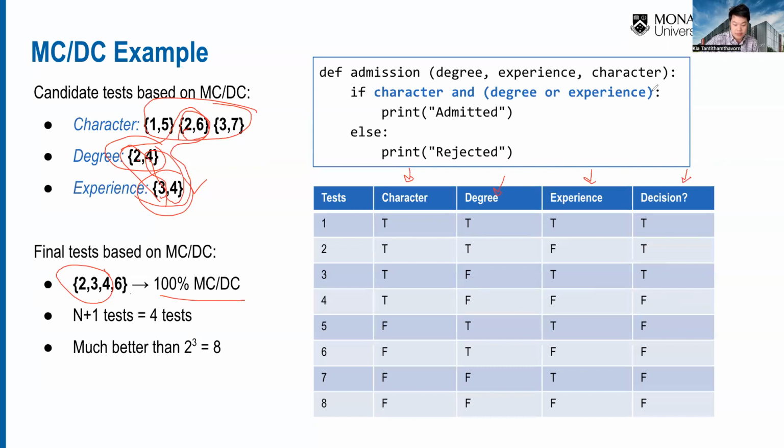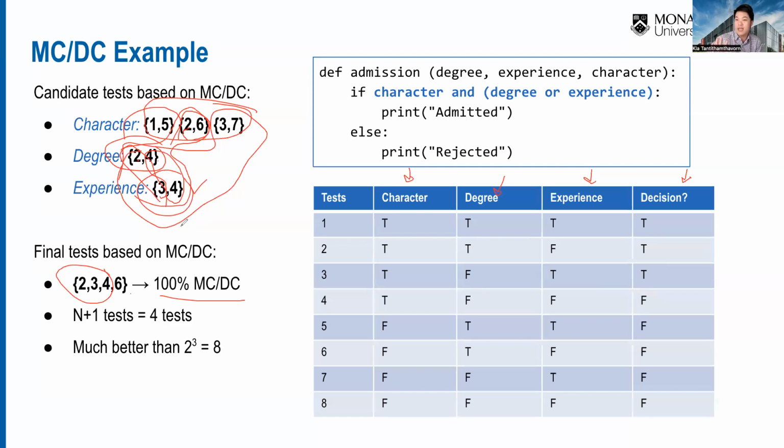That's very optimal. Wait, how are you ignoring 7 and 1? Yes, actually, 2, 3, 4, 6 is not the only option. We can also do 2, 3, 4, 7. That's also another potential candidate. But what we cannot do is 1, 5. If we choose 1, 5 here, what do we need? 1, 2, 3, 4, 5.